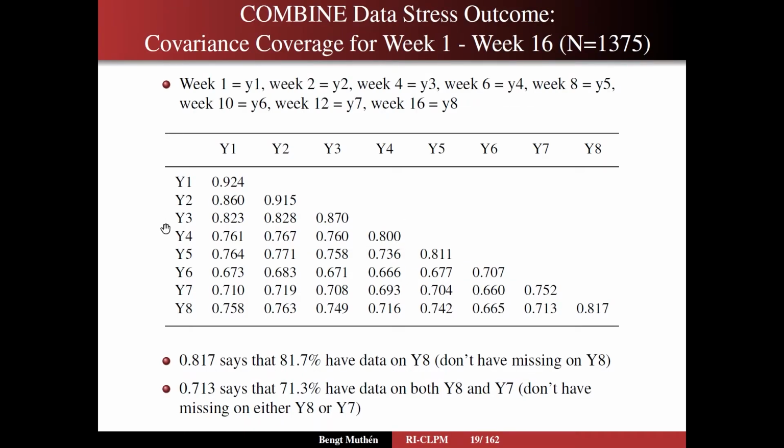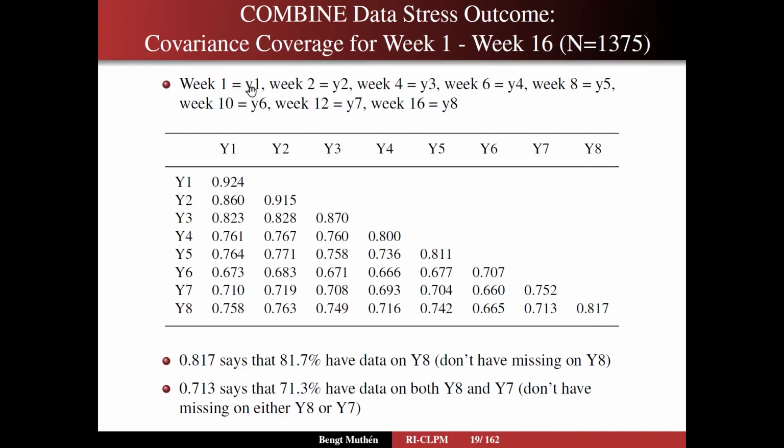So the combined stress outcome is quite well measured across the time points in the sense of coverage. That is, the proportion of the data that's not missing. So here we're looking at weeks 1 through 16, that is, in this case, 8 occasions.